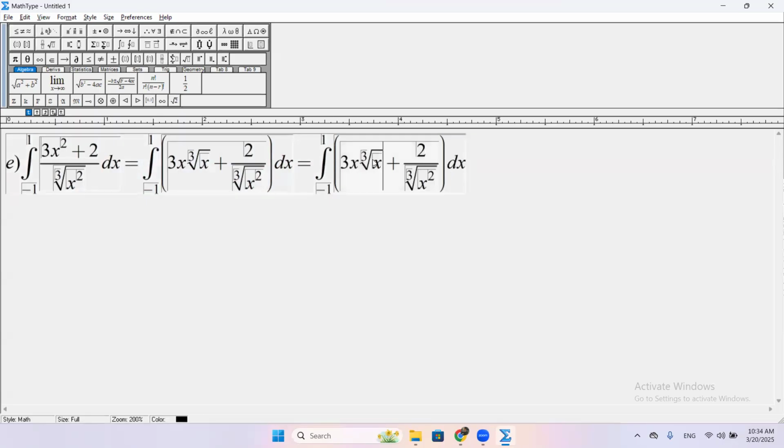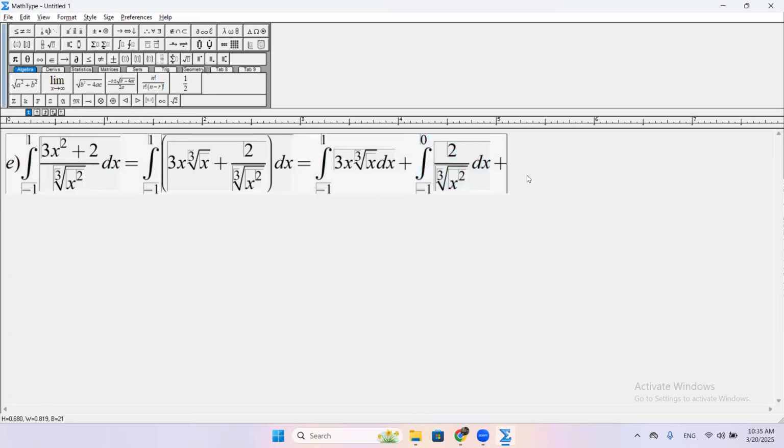So we will do it like this: this integral from minus 1 to 0, and plus this one from 0 to 1.